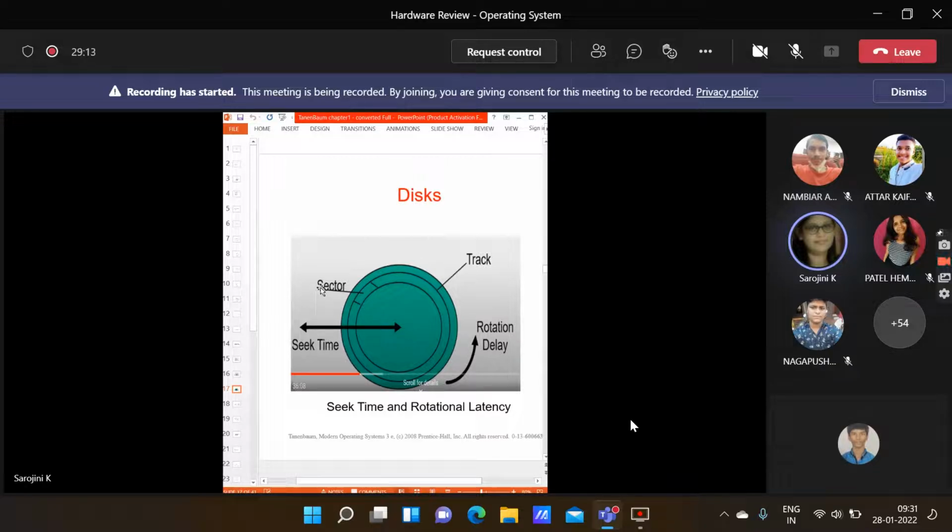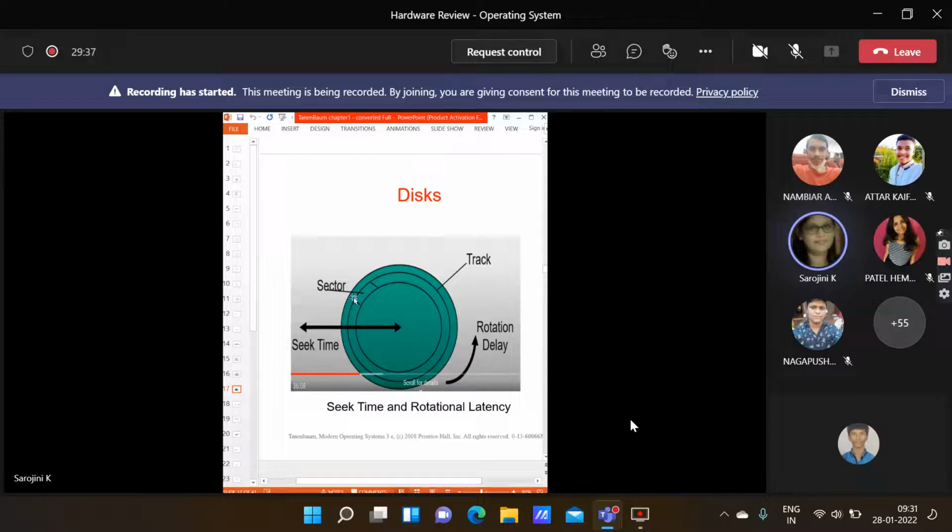If you want to take it using the read-write head, that is called reading. Writing means putting the data, writing the data inside the disk. Reading means taking the data which you already wrote inside the disk. To read, you must have already written. Then only you can read.